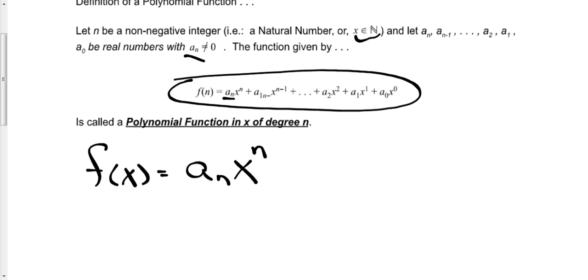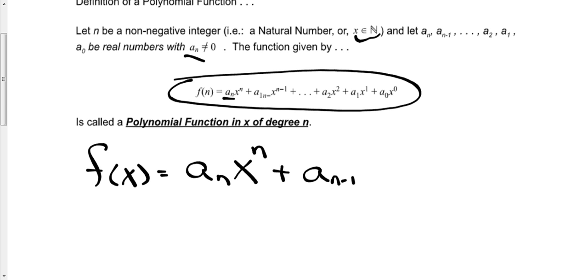And then I keep adding terms. The second term is going to be some different coefficient. I call it a sub n minus 1. Again, a coefficient, but it's different from this coefficient. This has an n, this has an n minus 1. That's just so I can tell the two apart from one another.